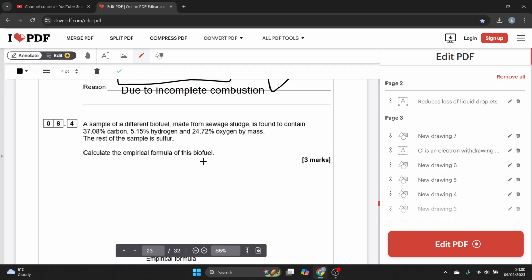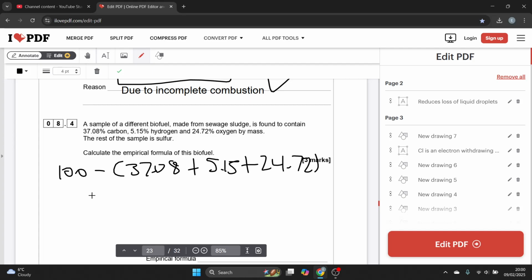Calculate the empirical formula of the biofuel. Firstly, find out the percentage of sulfur. It gets 33.05, 33.05.